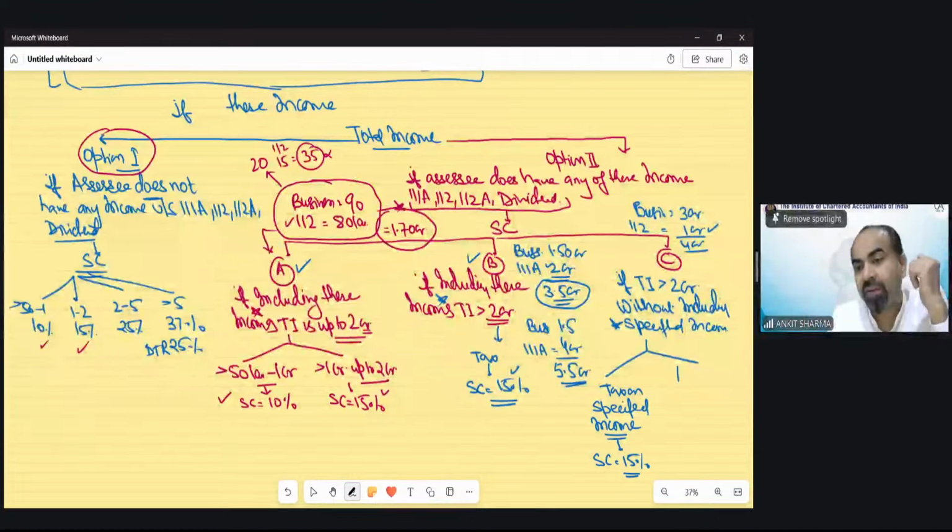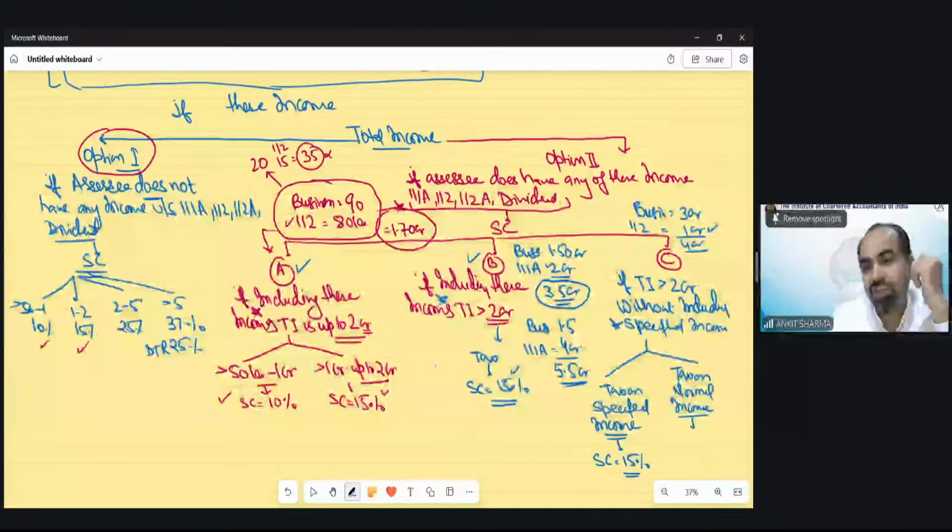And whatever would be the tax on normal incomes, that means on 3 crores, the surcharge rate would be, in this example, up to 5 crore. If income is exceeding 2 crore but up to 5 crore, the surcharge rate would be 25%.